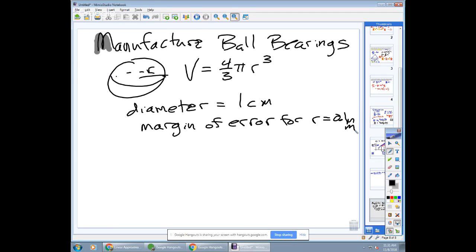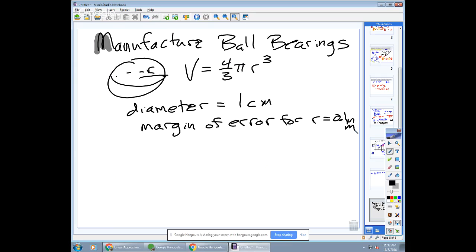So that means, although most of the ball bearings are about 1 centimeter, they could be 1/10 of a millimeter too big or 1/10 of a millimeter too small in terms of the radius, right? So that could be up to 2/10 of a millimeter on the diameter.